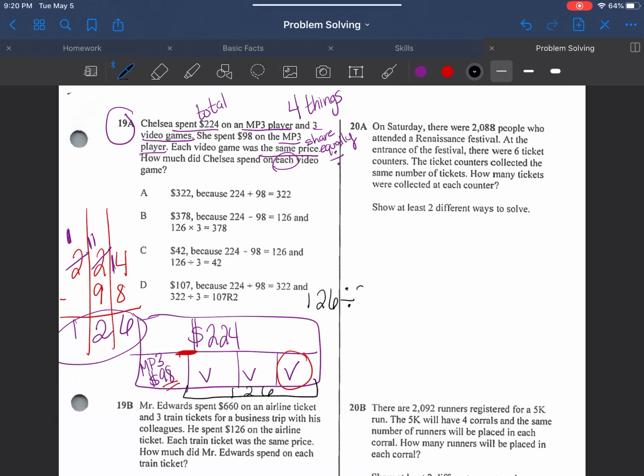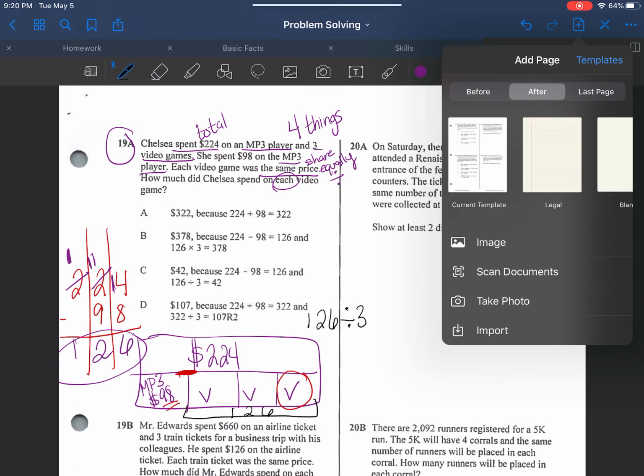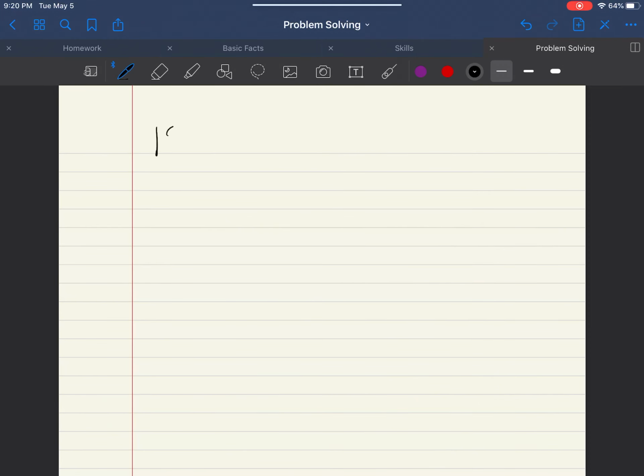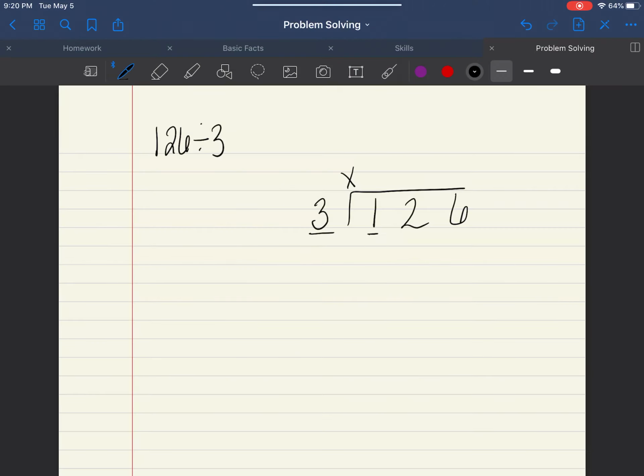So if I'm going to be sharing equally, that means we're going to have to divide. So I'm going to take my 126 and divide that by 3. I do not have any space, so let me go ahead and grab another sheet of paper, and we're dividing 126 by 3.